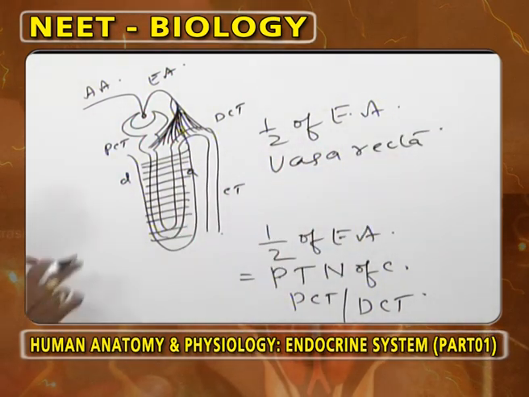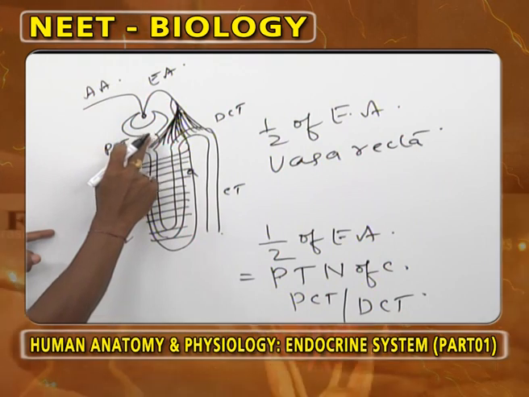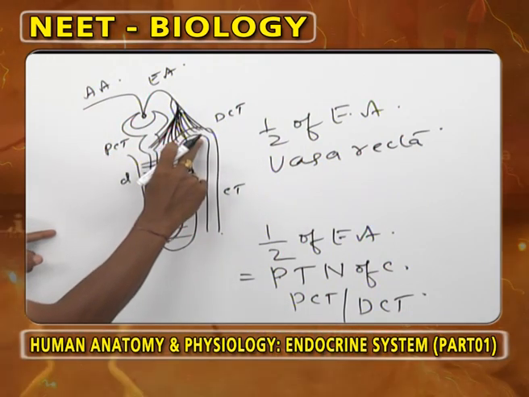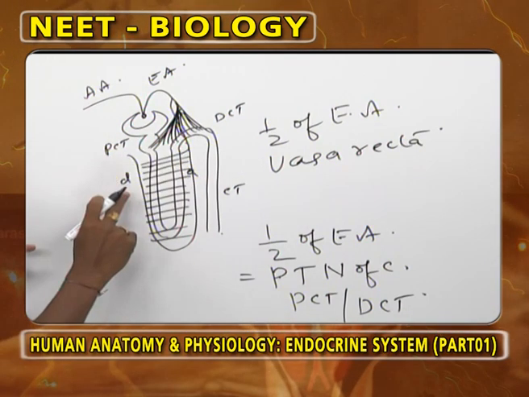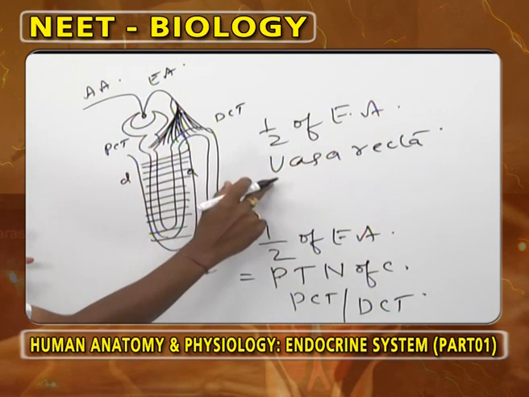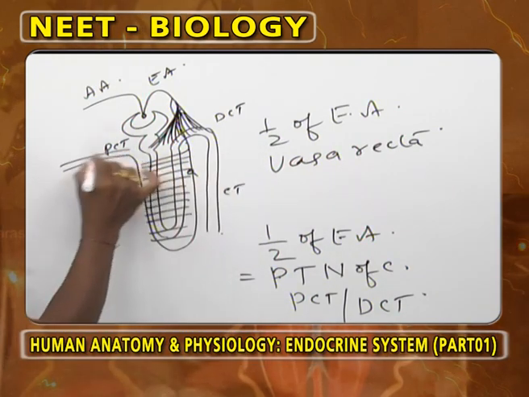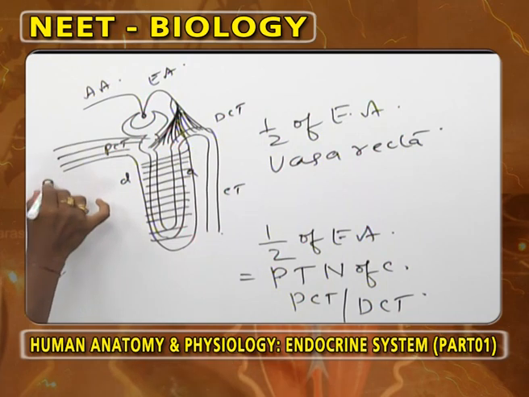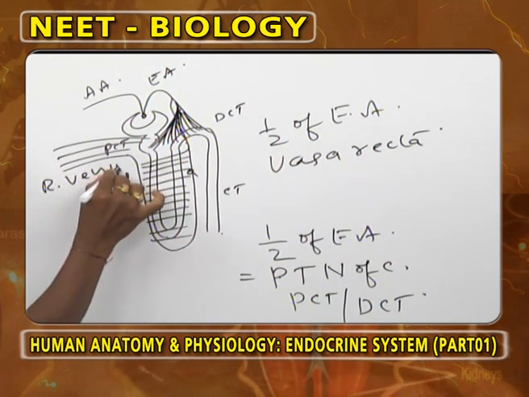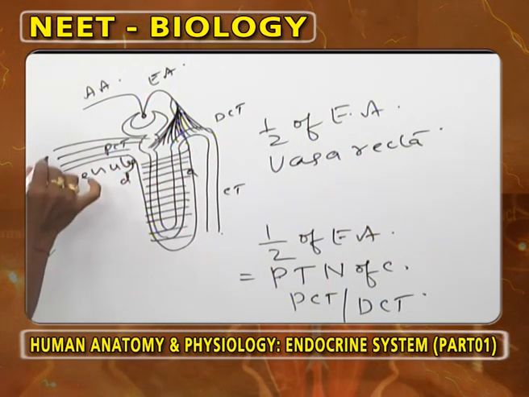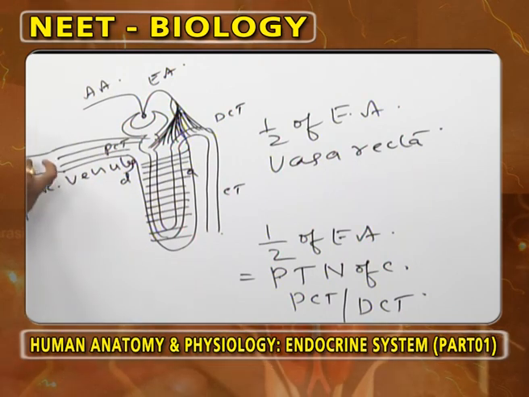Now you have to observe the capillaries of the peritubular network of capillaries and the capillaries of vasa recta. They unite to form the renal venules. The renal venules come out as the renal vein.